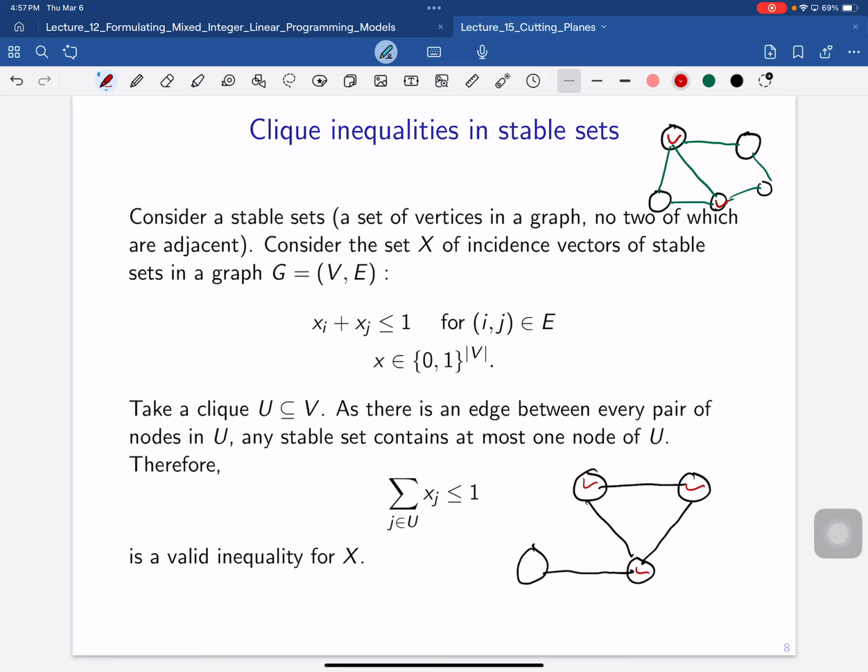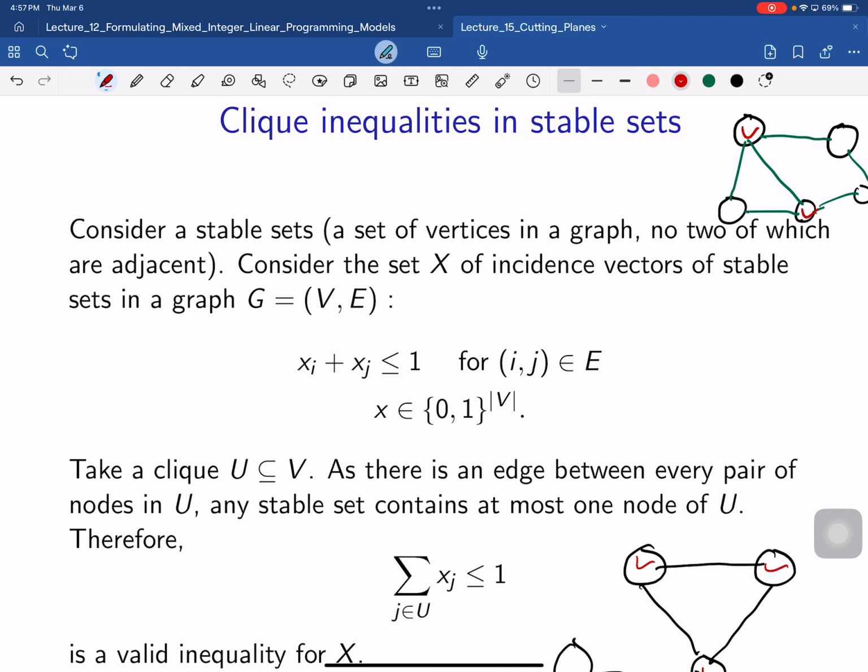Now, what is clique inequality? The idea here is we need to consider a set of vertices in a graph such that they form a stable set. In order to form a stable set, it is very easy to understand that this inequality has to be satisfied. So x equals 0, 1, we have a 0, 1 variable for each vertex in the graph.